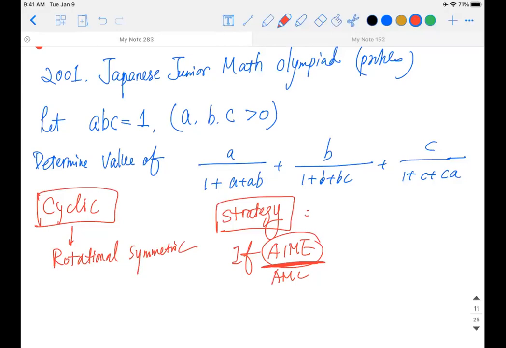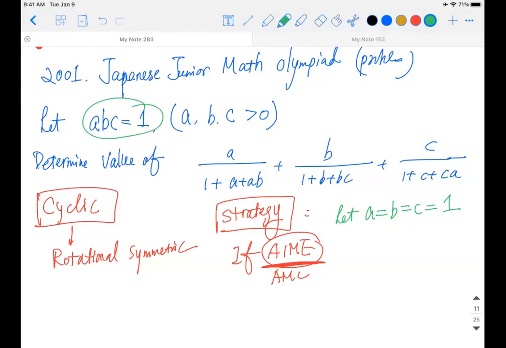Yeah, I see somebody has the answer right away. In AIME and AMC, you just give a number. They don't really need you to show the work. So to make it work, you just let A equals B equals C equals 1.